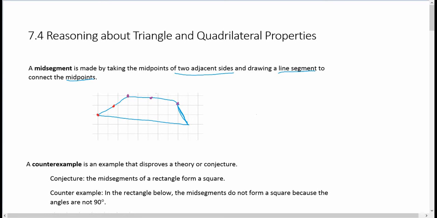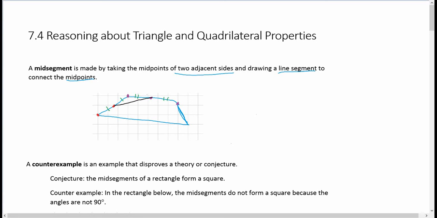So you can see that what I'm doing right now, I haven't used a ruler and I haven't used straight edges, but you can absolutely do that on paper, so please do. And then we're going to connect it. So here's a way to show that we did a midpoint, and here again that this was a midpoint, and we connected it together.